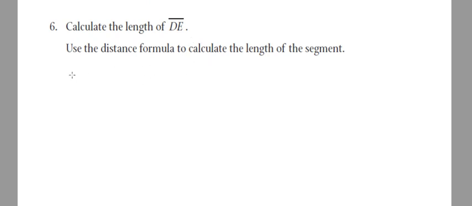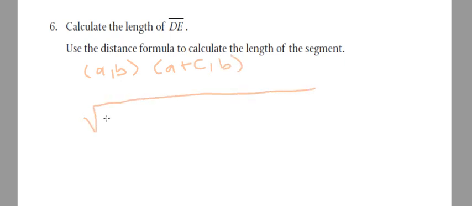So I'm trying to find the distance of DE, so I'm going to start with that's AB and also A plus C, B. So I am going to take the difference of my x coordinates. So this is going to be A minus A plus C, squared.